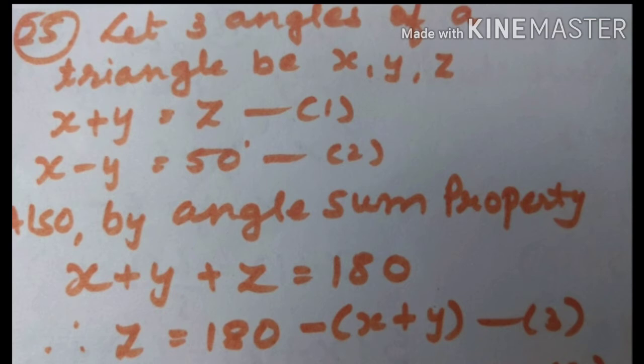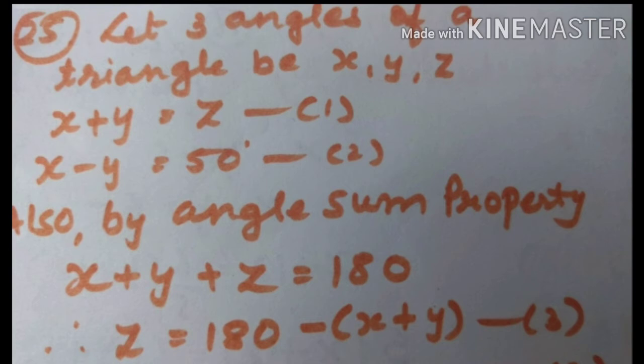Now if you solve these two equations, you will not get anything. Why? Because in the first equation, on the right side there is the z variable. So we have to use one more property here, that is the angle sum property for a triangle. We all know the angle sum property for triangles is that the sum of all three angles of a triangle is always 180 degrees.